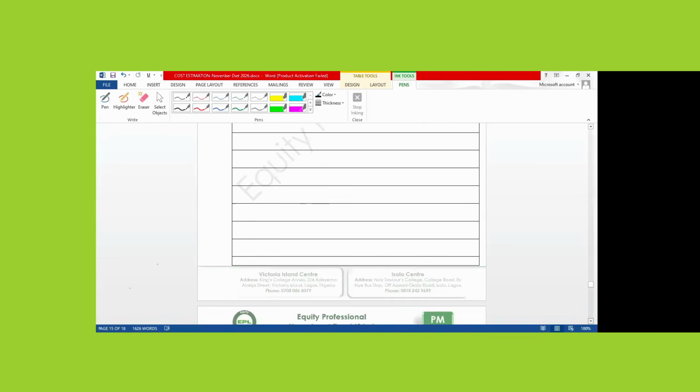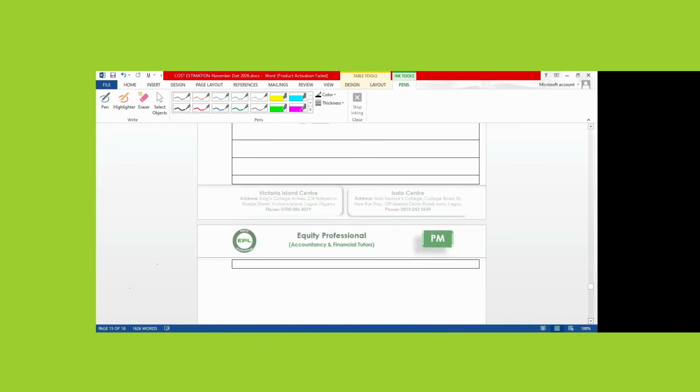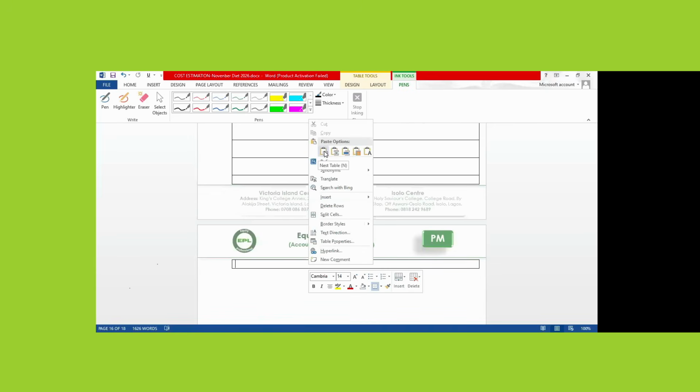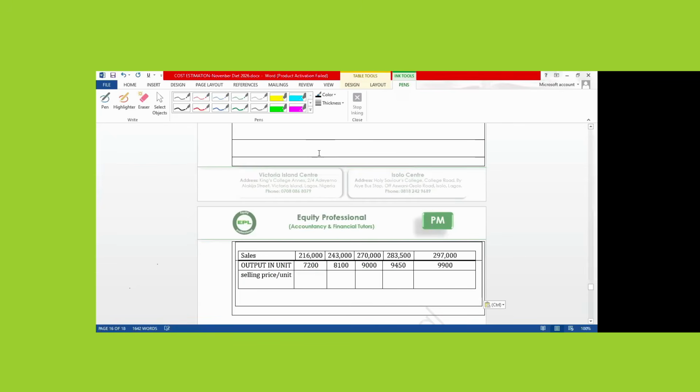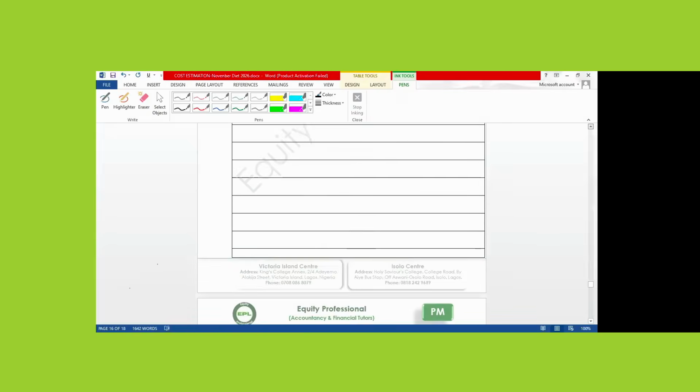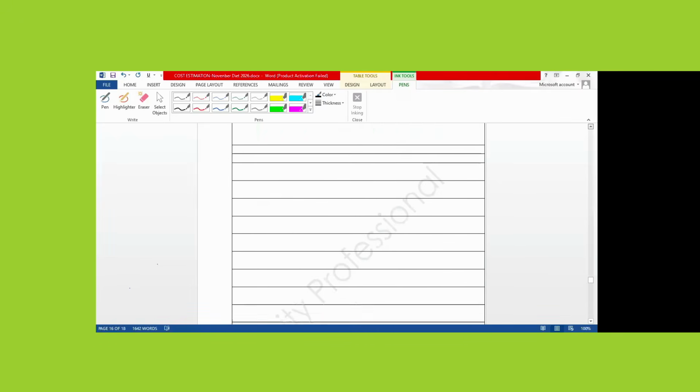Come to the next page. Let me bring this one here. Oh. Mr. Eniolonda, you tried. You made a good attempt. Thank you, sir.